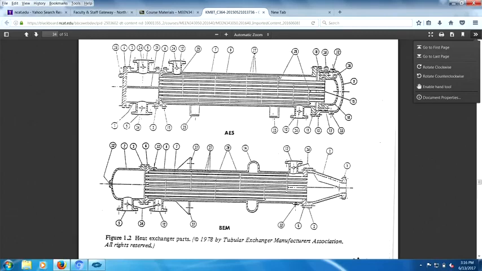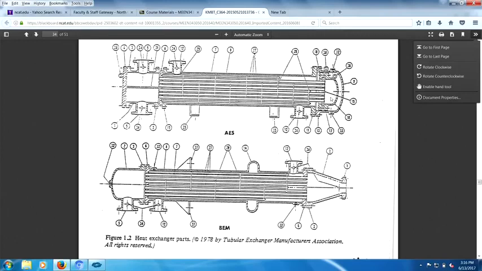Straight insertion. No damage, no forced tube sheets. Well, you've got to force it somewhat. And then you probably want to watch how they weld. There's a little weld that could be around that tube sheet as well. Anyway, that's the second hold point.